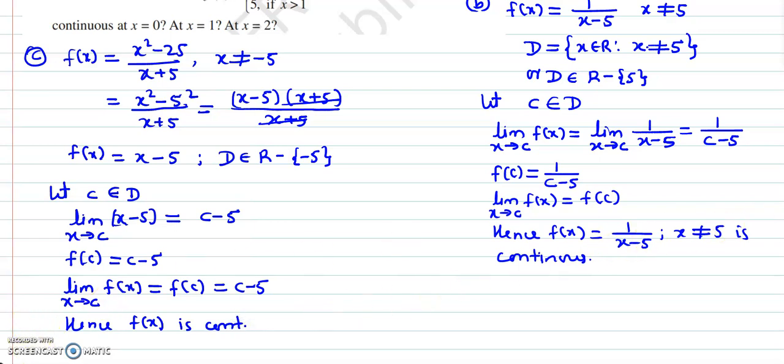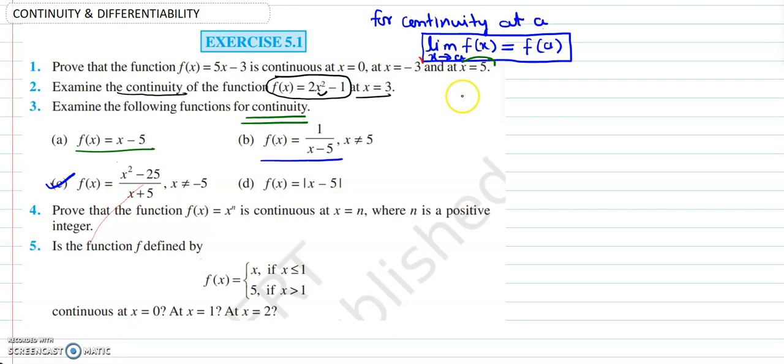Okay, now next part D is f of x equals mod of x minus 5. Okay, so its domain will be all real numbers. Modulus function, its domain will be all real numbers.